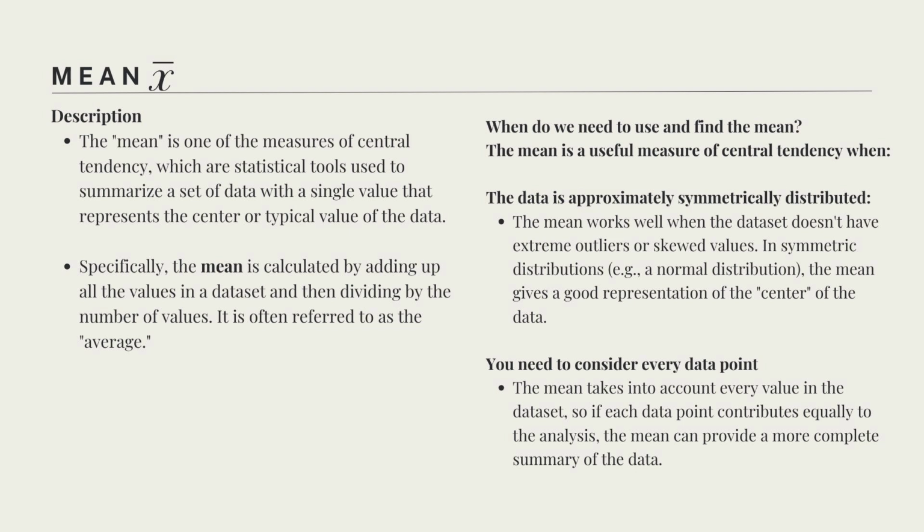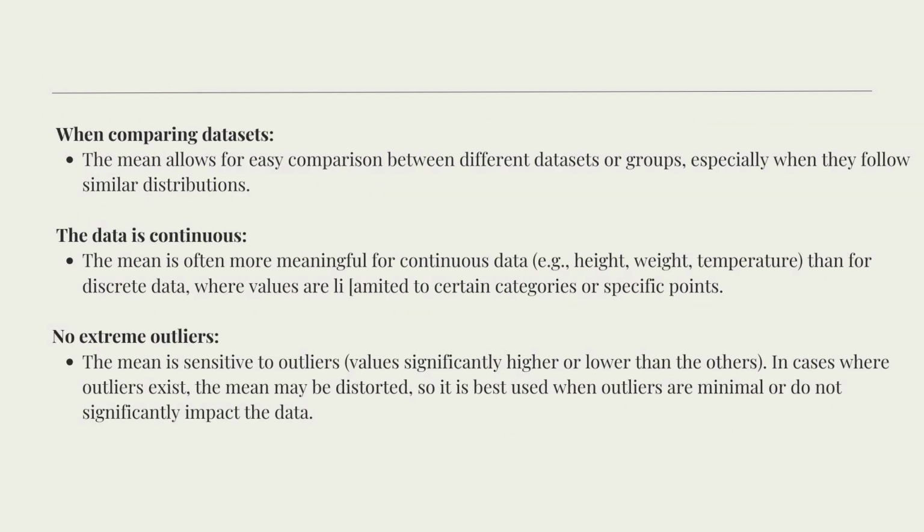You need to consider every data point, which means the mean takes into account every value in the dataset. So if each data point contributes equally to the analysis, the mean can provide a more complete summary of the data.